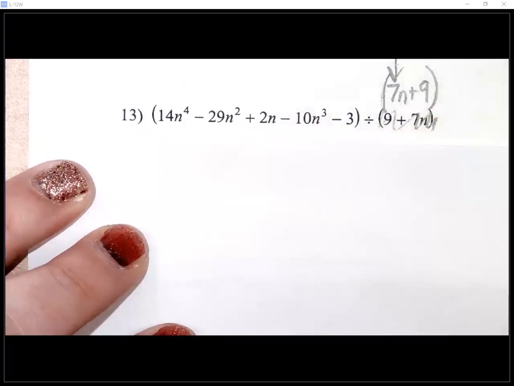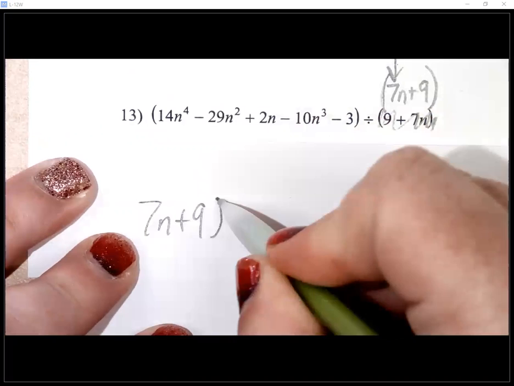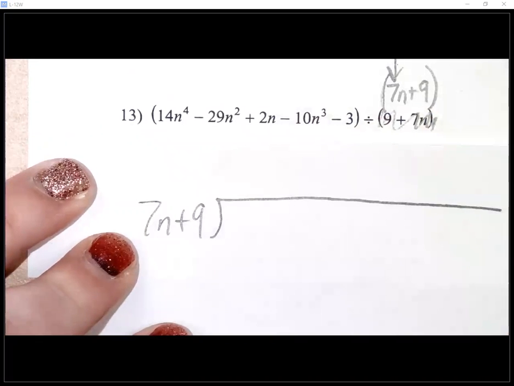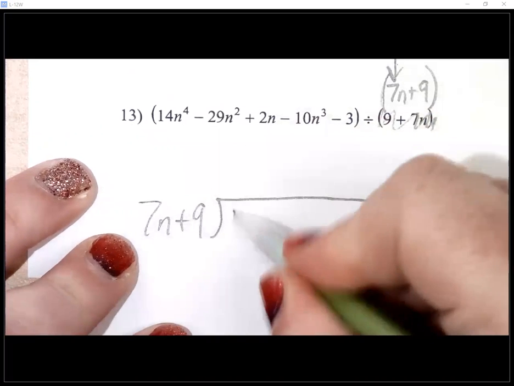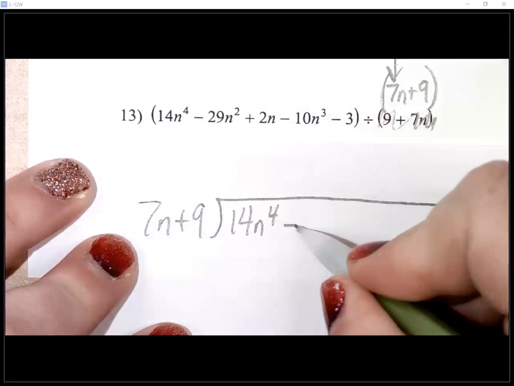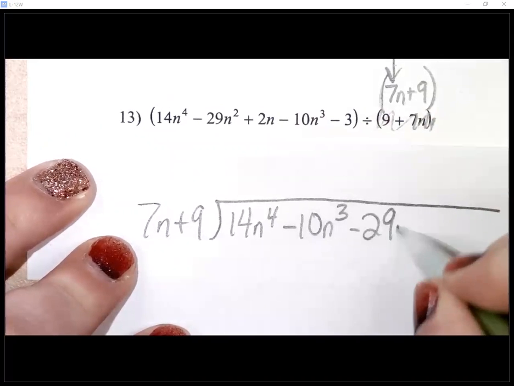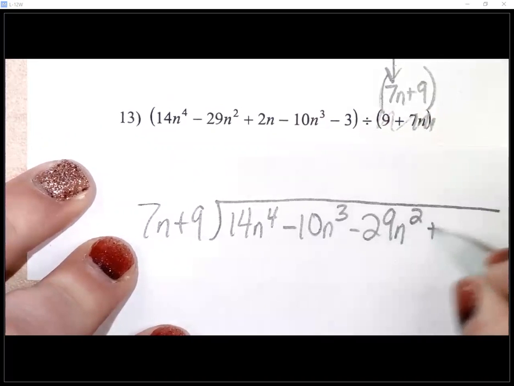So I'm going to have 7n plus 9 on the outside. And on the inside, we'll have 14n to the 4th, minus 10n to the 3rd, minus 29n squared, plus 2n minus 3.